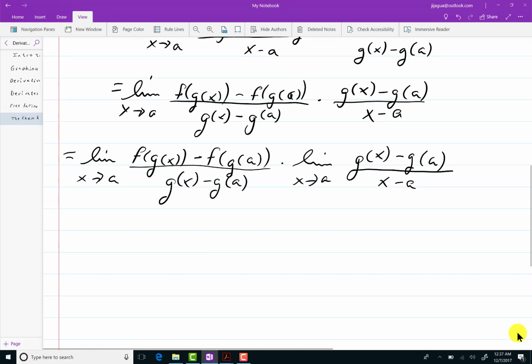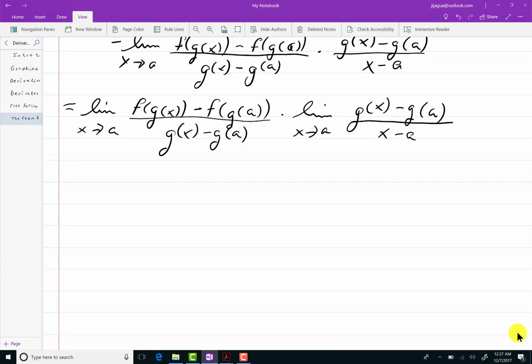Now it's at this point where you want to express some excitement, seeing that this right here is g prime of a. So the part before it, all of this stuff, must be f prime of g of a. It's got to be, otherwise the theorem wouldn't be true.